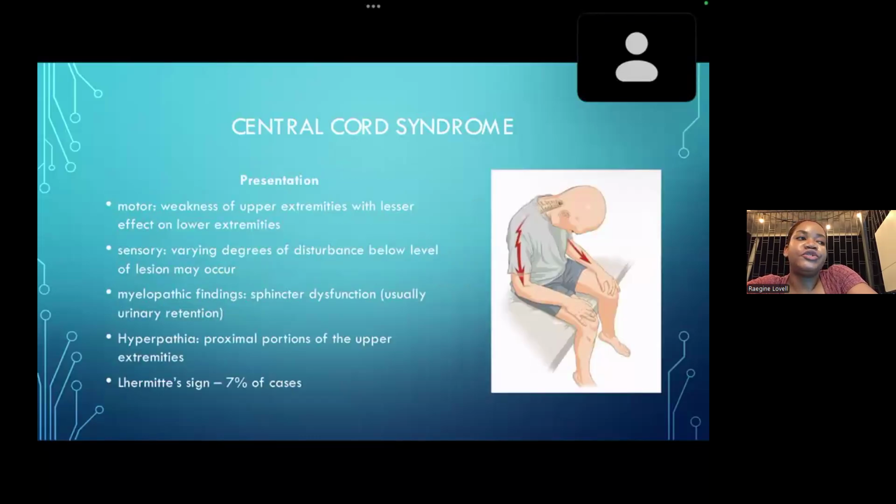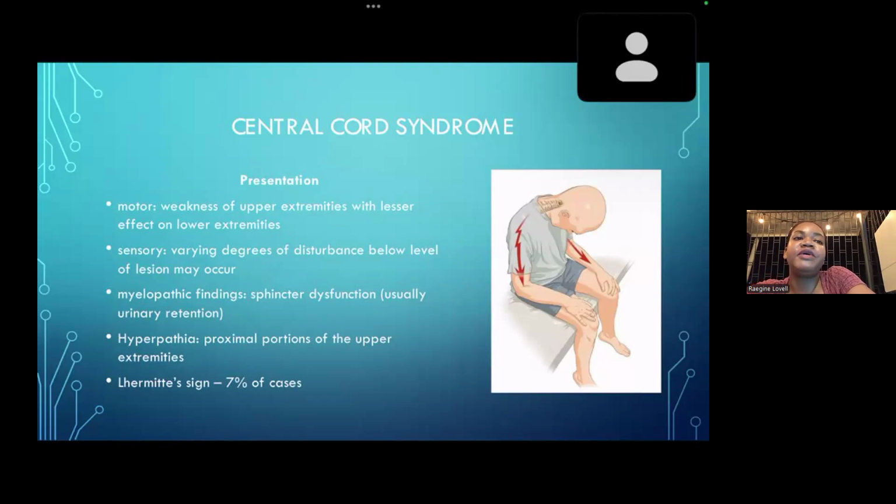So a patient who has central cord syndrome will present with weakness of the upper extremities with a lesser effect on the lower extremities. Varying degrees of sensory disturbance below the level of the lesion may occur. Myelopathic findings, so sphincter dysfunction, usually show up as urinary retention.